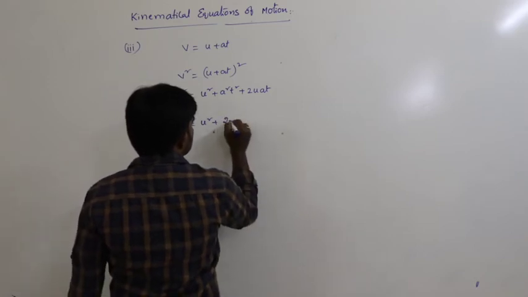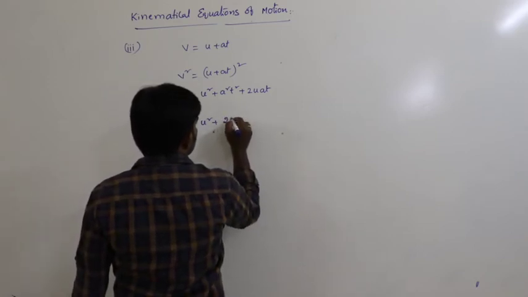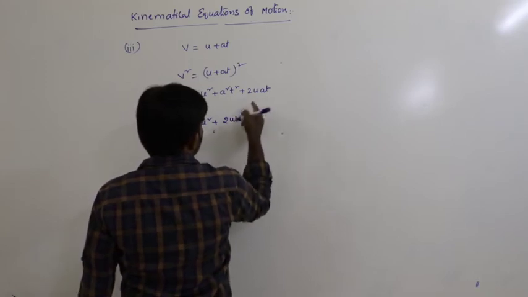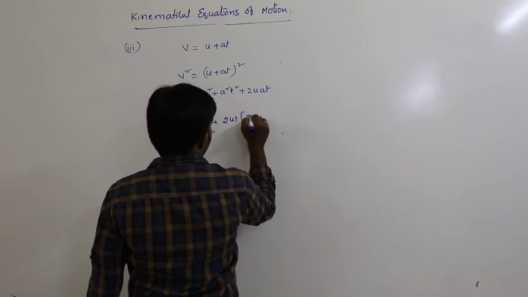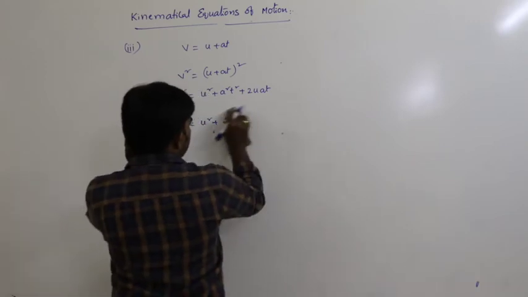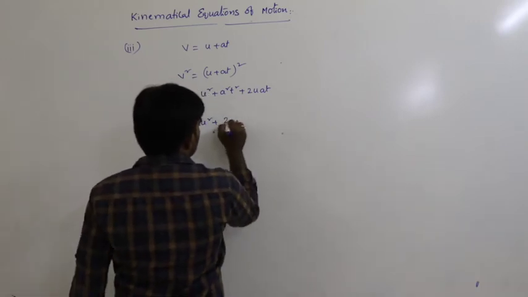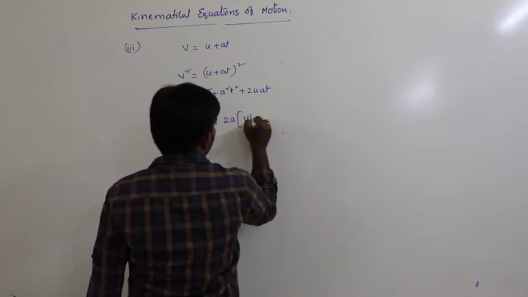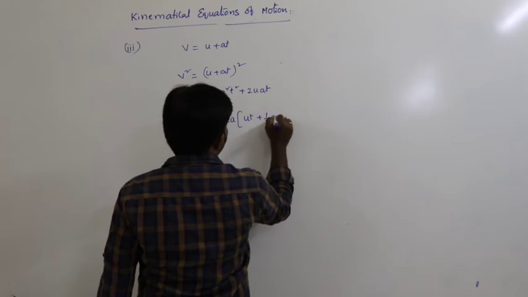Next, here 2ut is common. So here it is 2a common, and we get ut plus half at square.